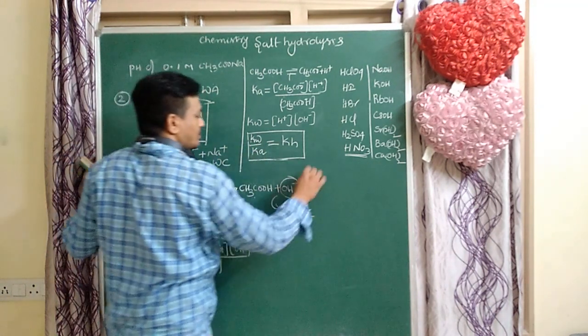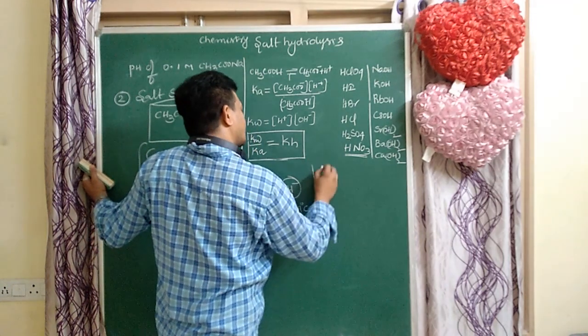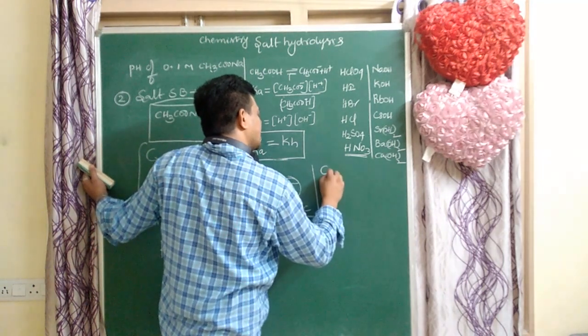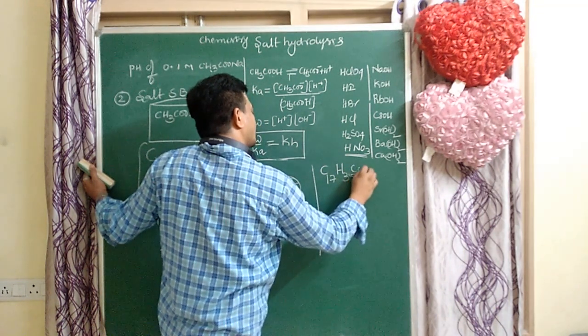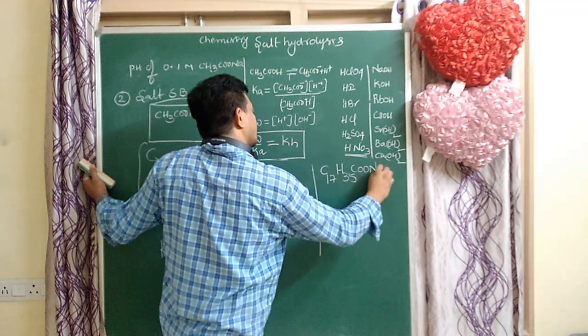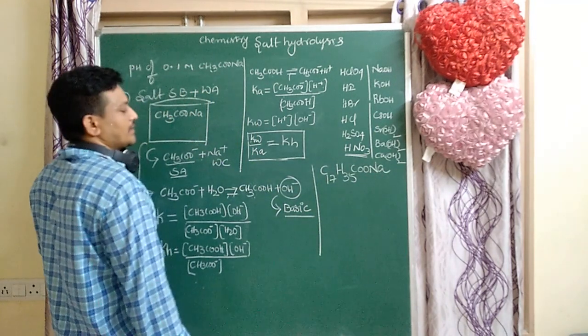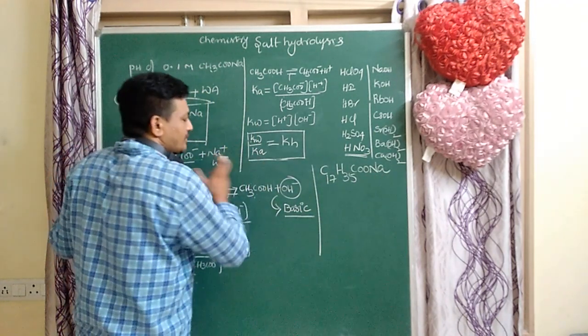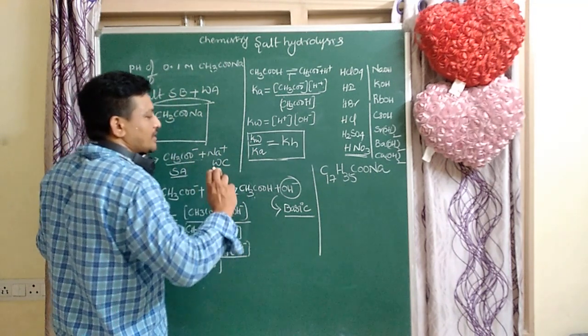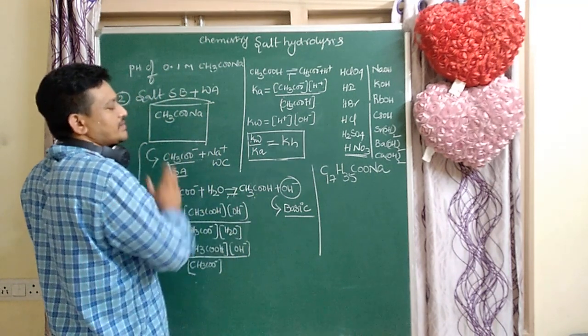For example, I take a soap solution, C17H35COONa. What is the nature of this solution? What is the KH value? We can easily say whether the pH is greater than or less than 7.